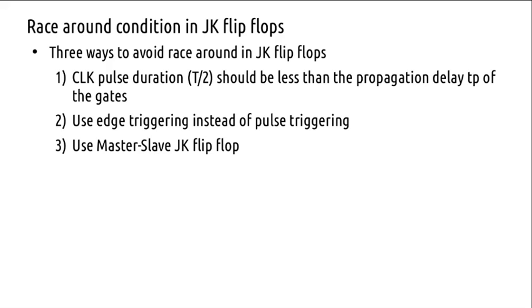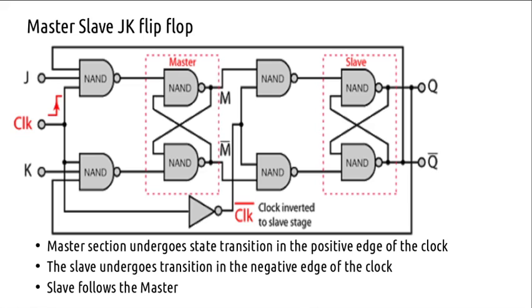You'll get a master slave JK flip flop as an IC itself. This is how a master slave JK flip flop will be. You will have a master section. This is a JK flip flop, right, and a slave section. This has 2 gatings. These are the gates.